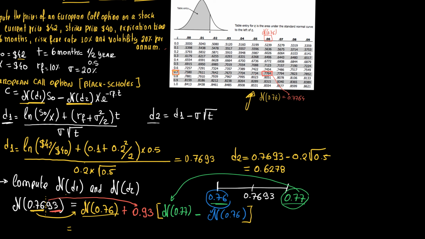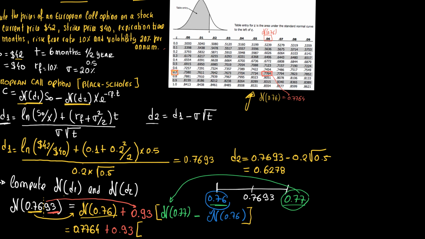So this is going to be 0.7764 plus the scaling factor 0.93 multiplied by the numbers in the interval, so the normal distribution of 0.77.